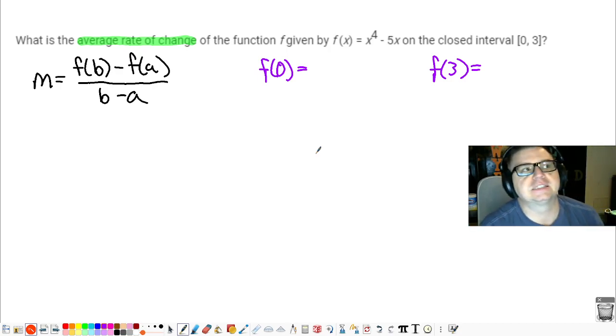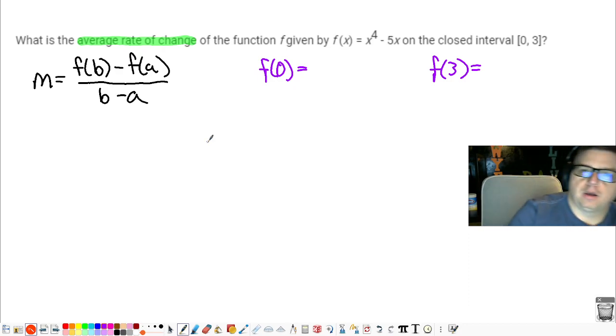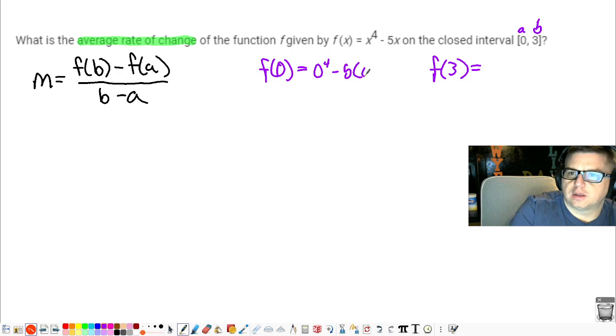If you're worried about which one is going to be a and which one's going to be b, just stick with left to right. Okay? So my 0 to the 4th power minus 5 times 0.